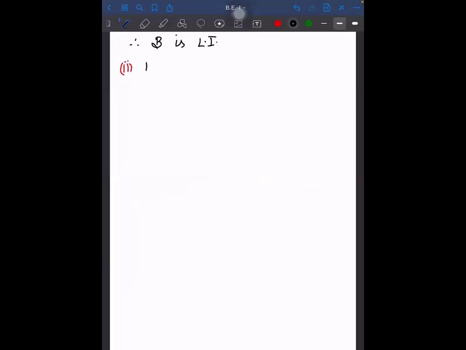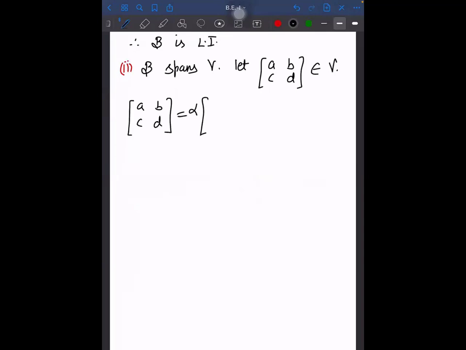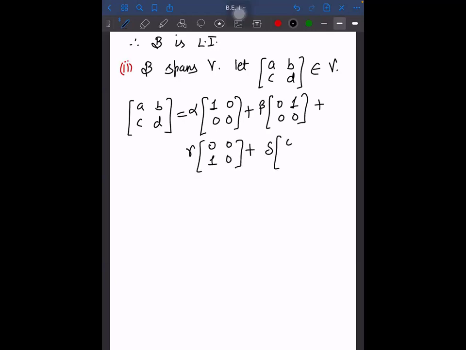Secondly, you want to prove that B spans V. So you pick any element of V. Now what is V? V is the set of 2 cross 2 matrices. So any element of V will look like [a b; c d], which belongs to V. Now you want to prove that this can be written as a linear combination, that means alpha times [1 0; 0 0], plus beta times [0 1; 0 0], plus gamma times [0 0; 1 0], plus delta times [0 0; 0 1].